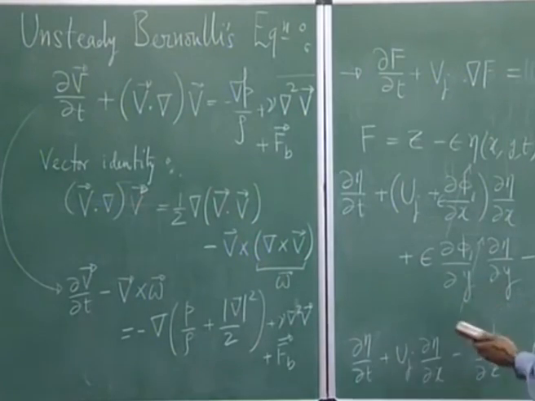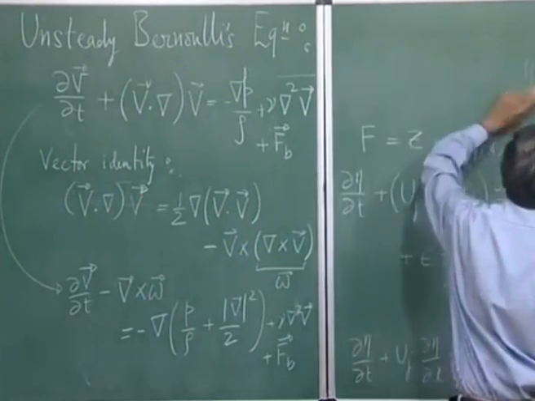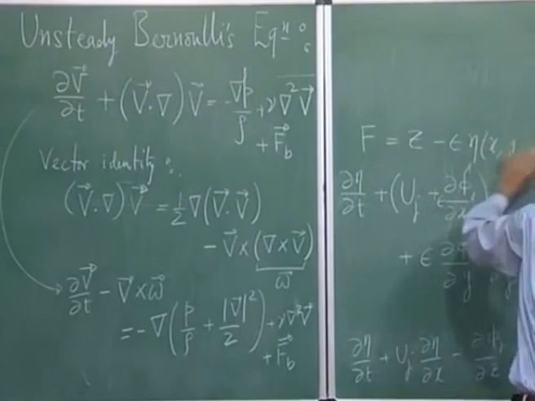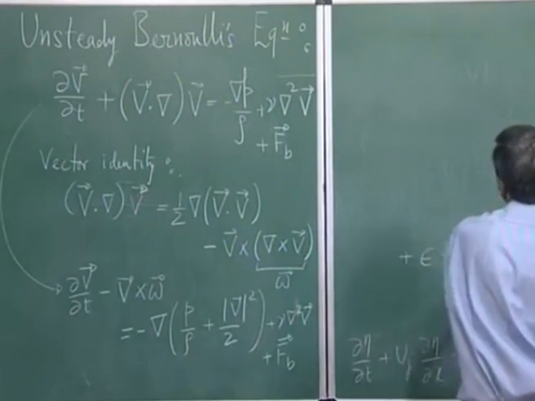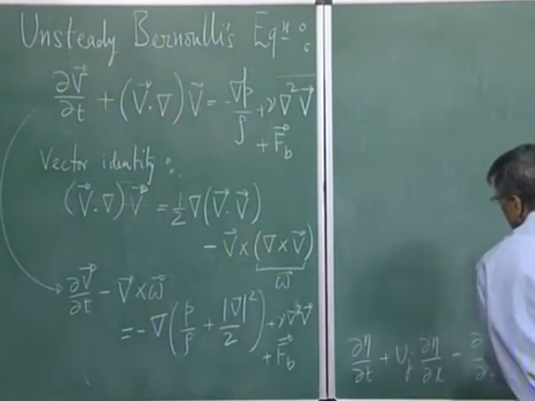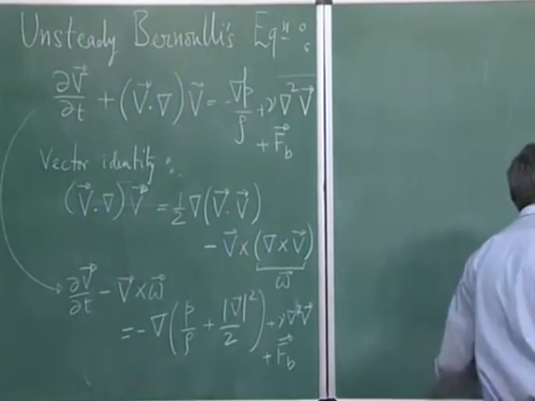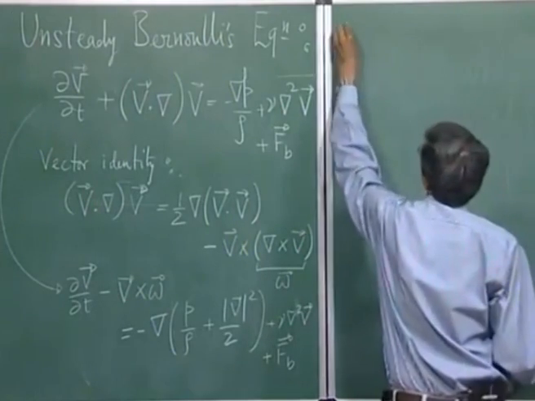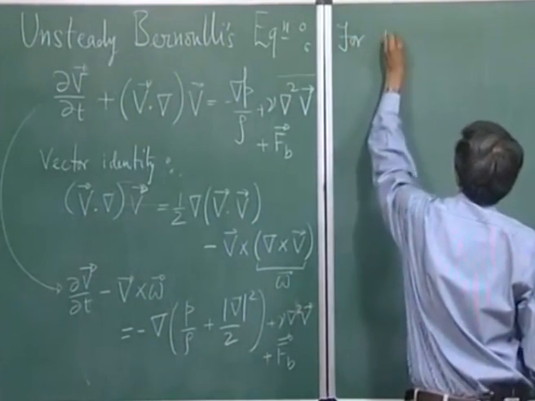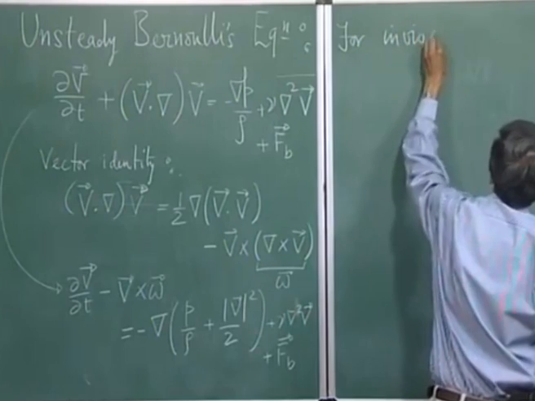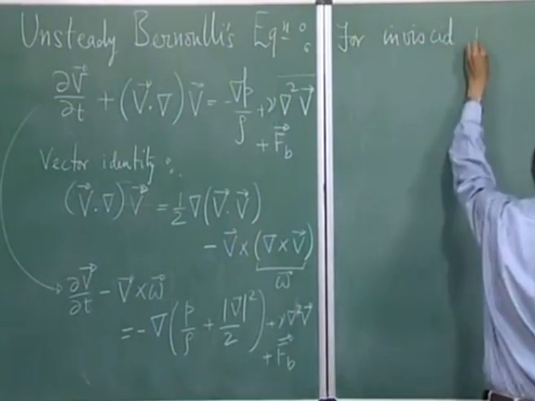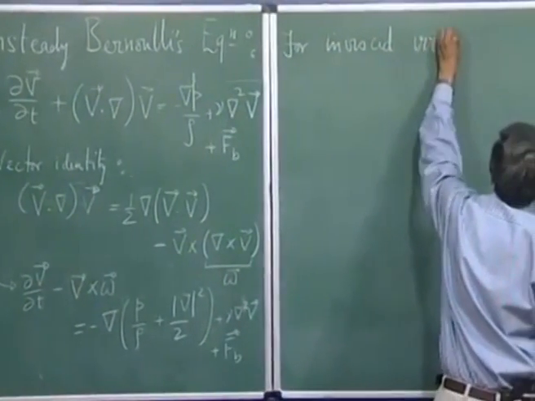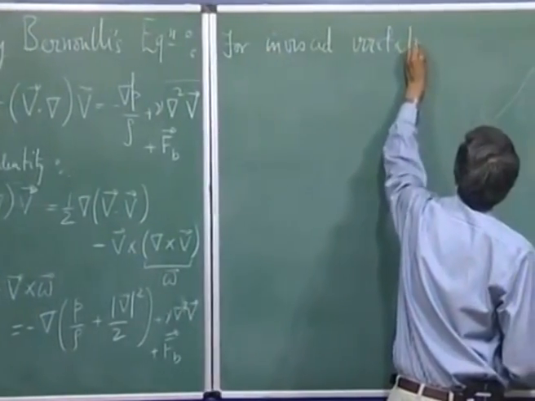Now, let us make some simplification based on what we are doing currently here. What we are doing currently here is basically looking at inviscid irrotational flow. So, what happens for inviscid irrotational flow?